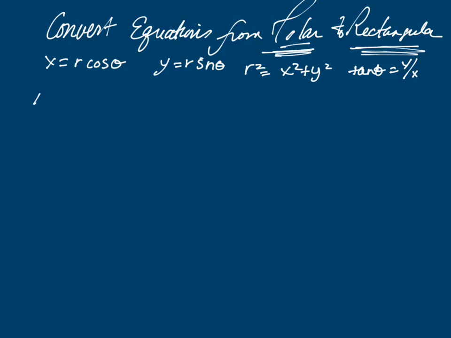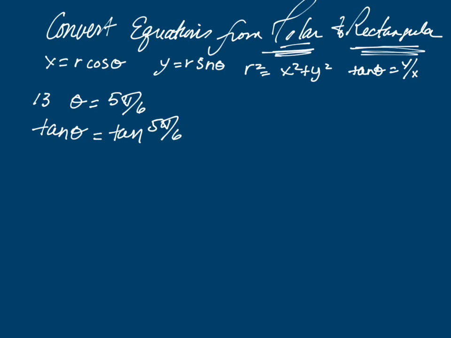So for number 13, theta equals 5 pi over 6. Okay, so remember, if you were going to do thetas, you would take tan on both sides. So tan theta equals tan 5 pi over 6.